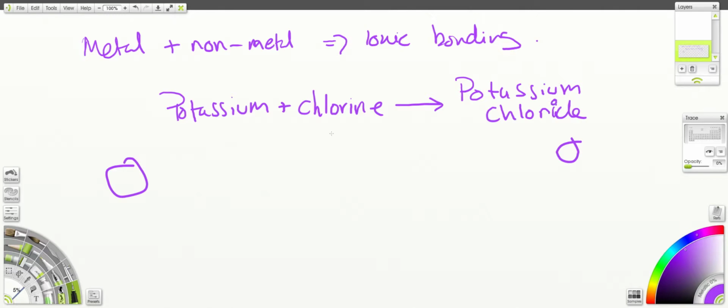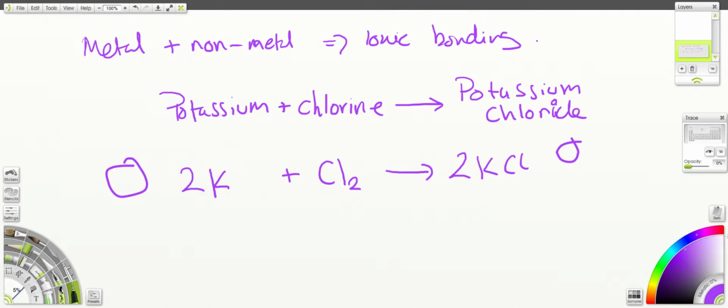And so the formula for this would be K plus Cl2 makes KCl. And look at this, we've got 2 chlorines here but only 1 here, so I'm going to put a big 2 in front of that. And so I've got 2 chlorines, but I've got 2 potassium here and only 1 here, so I'm going to balance that, and everything is now balanced.